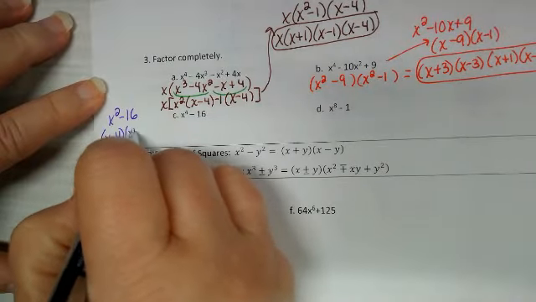So first parentheses, notice it's the same sign as the original problem. I'm just going to write 2x minus 3, because the 3 right here is going wherever the y was going.